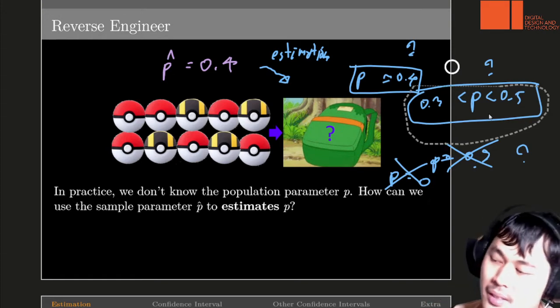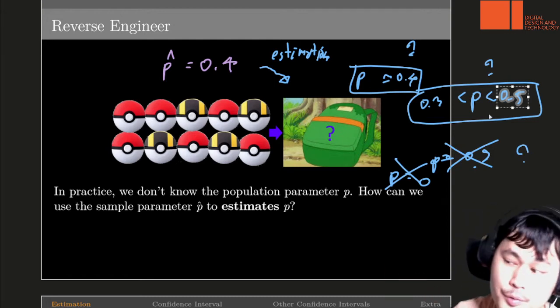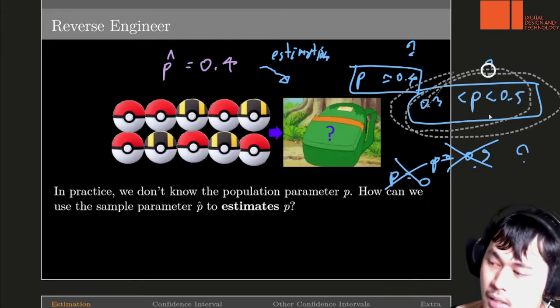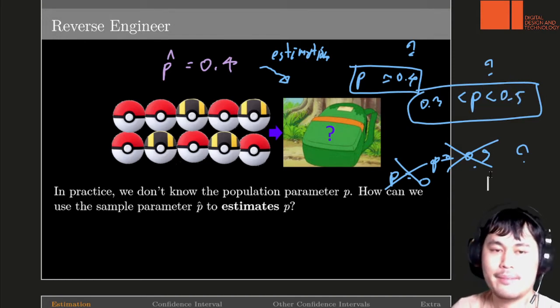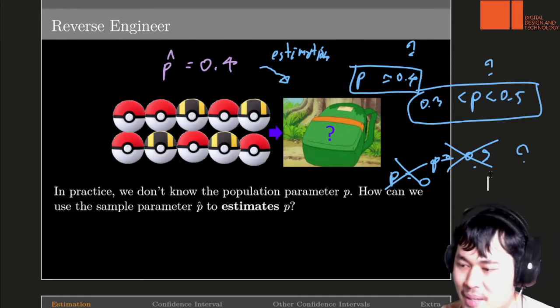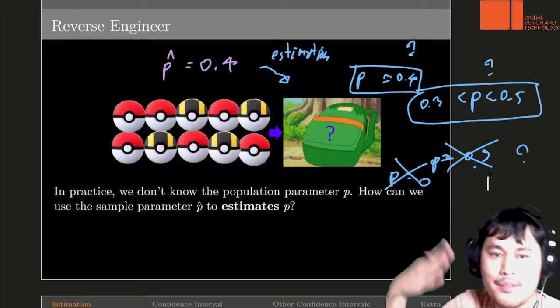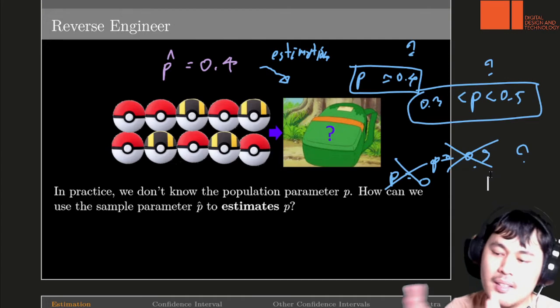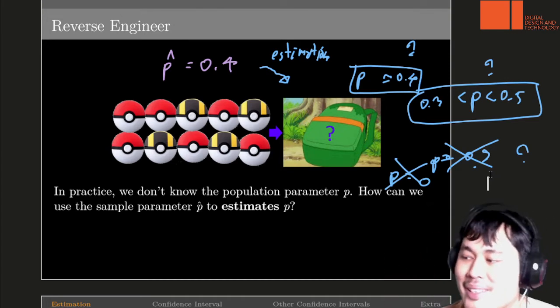And so it would be more intuitive and also more useful to give an estimation in terms of a range. Okay, we get 0.4, but we are pretty confident it's not going to be exactly 0.4. So it's going to be 0.4 plus something and 0.4 minus something. But the next question is, what are those plus or minus numbers?